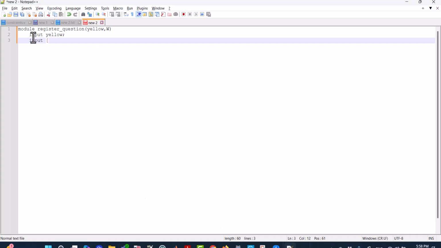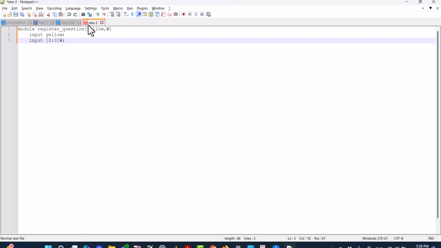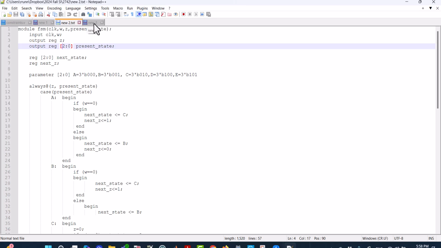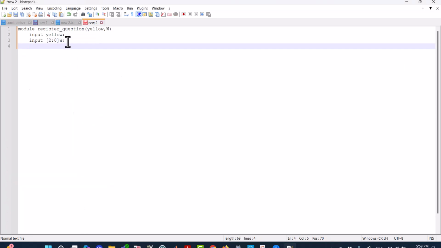So 2 colon 0 W. And then I'm going to be changing my value inside an always block, so I'll have it be a reg.